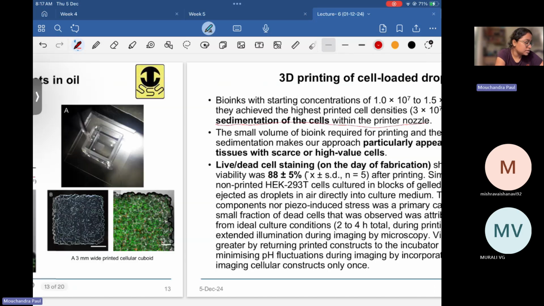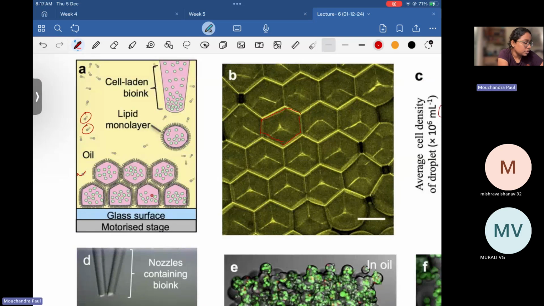So as the bio ink is loaded, since cells are of small size, gravity will pull them down much faster. So you can visualize from this image that cells will have more tendency to come and settle down at the tip of the nozzle. Okay, so that attributed to a very large number of cells per droplet, and ultimately a large number of cells per printed construct.